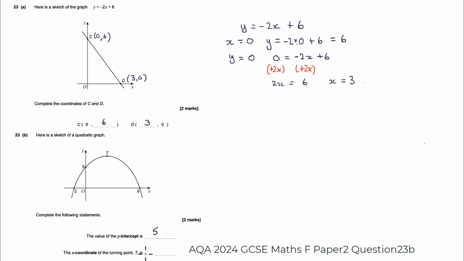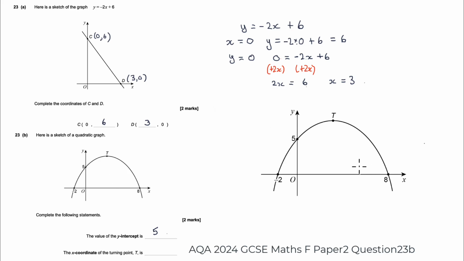We've also to find the x-coordinate of this turning point. Now, if we look at a diagram of this, the thing about a quadratic graph like this, it's called a parabola, and it has symmetry.